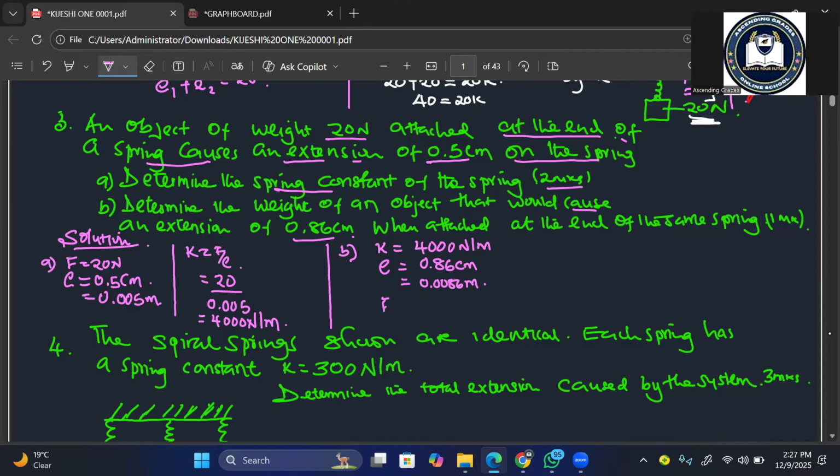So what we are being asked will be the load, which will be F. So F will be given by K times E. So 4,000 multiplied by 0.0086. You're going to get your answer here in newtons. So this one becomes 34.4 newtons.